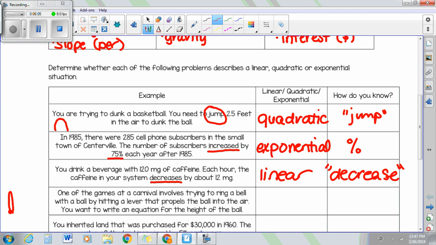That looks most like a quadratic equation. Even though there isn't a specific hint word, we know that it's going up and coming back down. So it's important to actually think about what these questions are asking you.